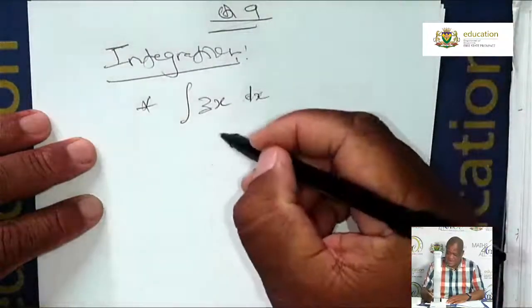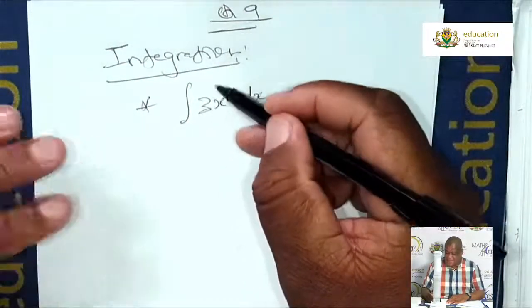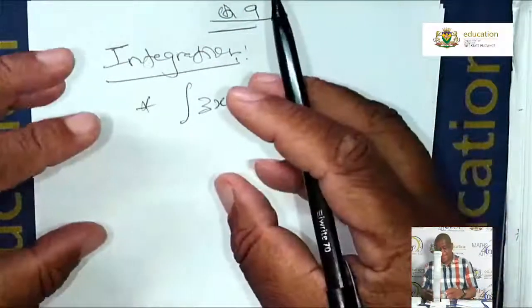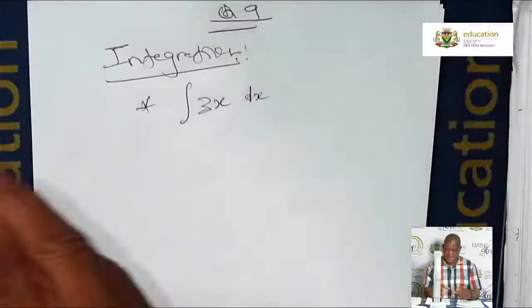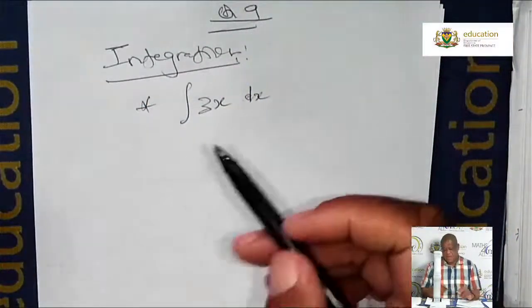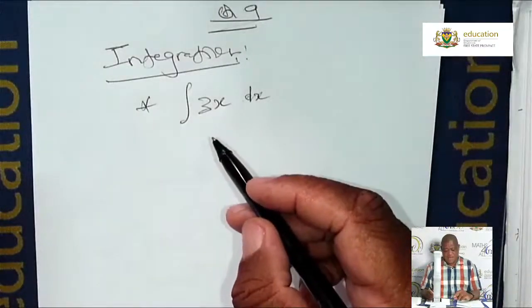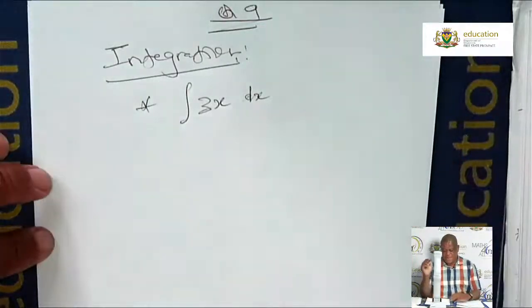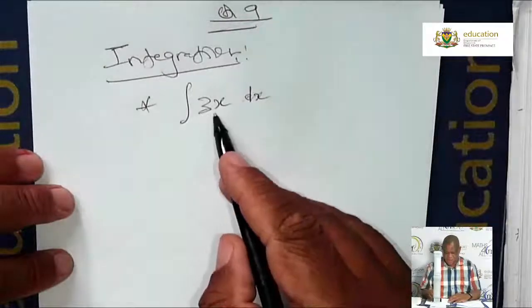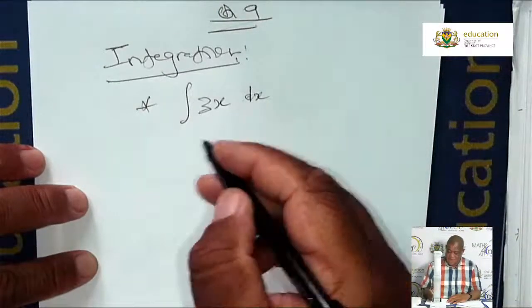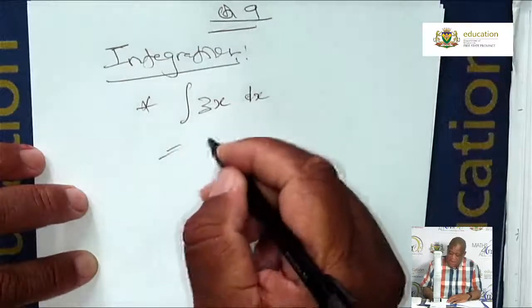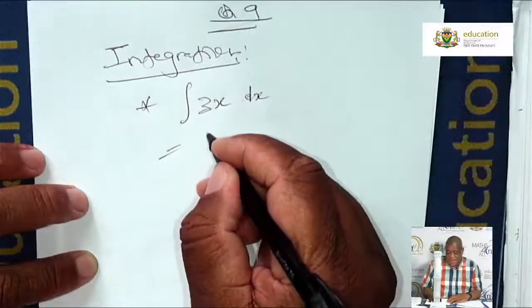Let us know that integration is the same as reversing the differentiation. Because with differentiation, we were subtracting the exponents. Therefore, with this one, we must now add.